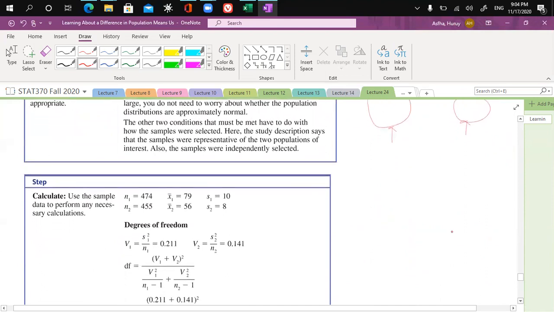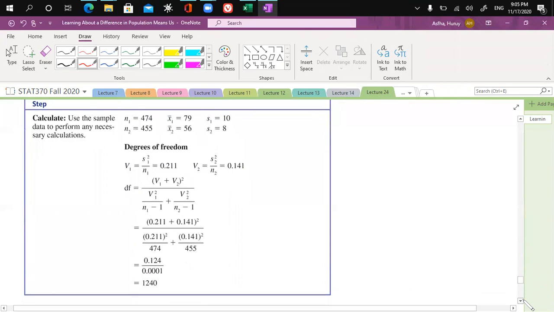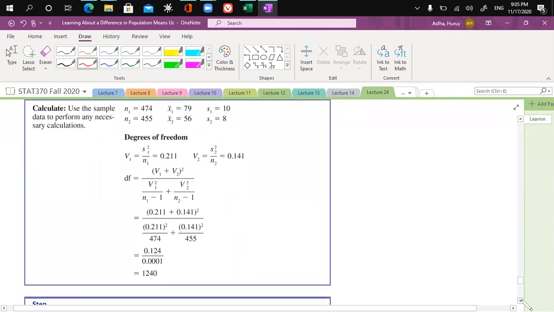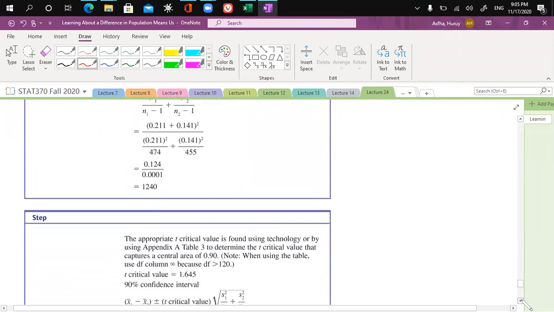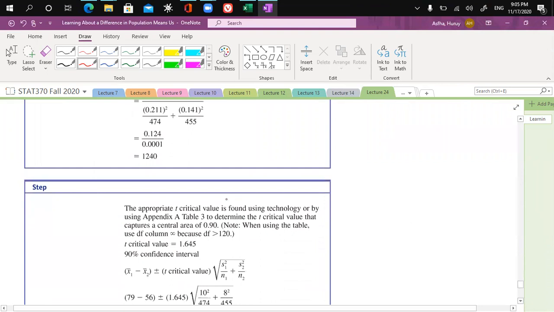And to calculate the degrees of freedom, we use the same formula, and we get 1240. Using this t, we get the critical value, and the critical value is the same as the z critical value because the degrees of freedom is very large.